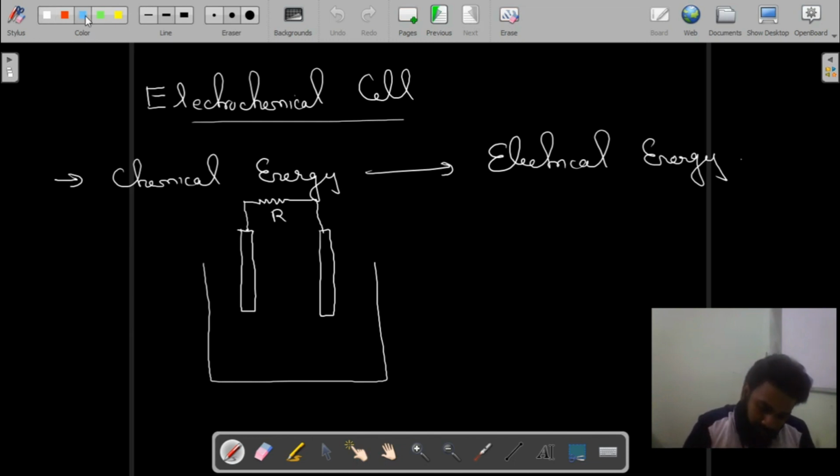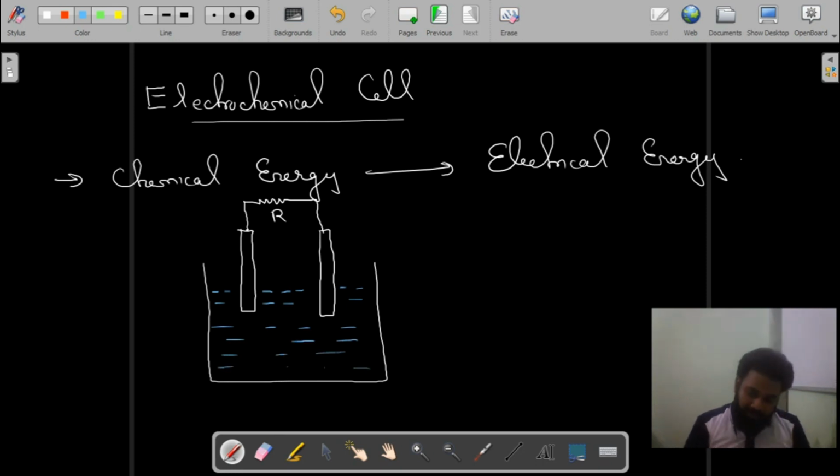Now these electrodes are dipped in what? Dipped in electrolyte. This is nothing but a conducting solution.